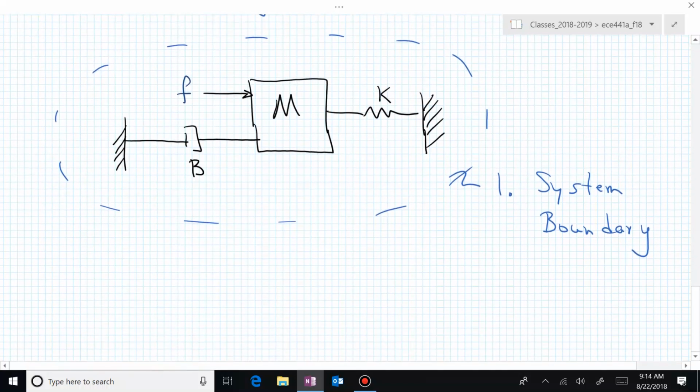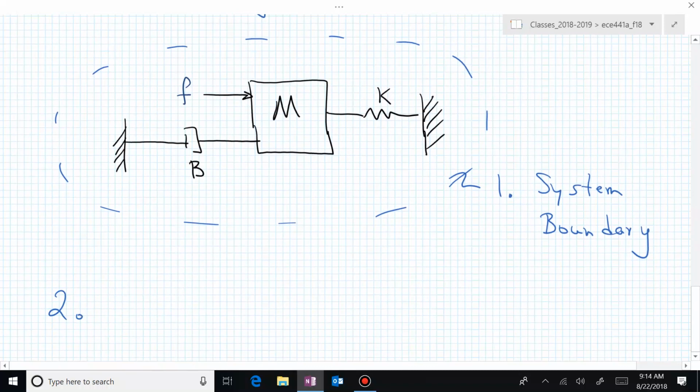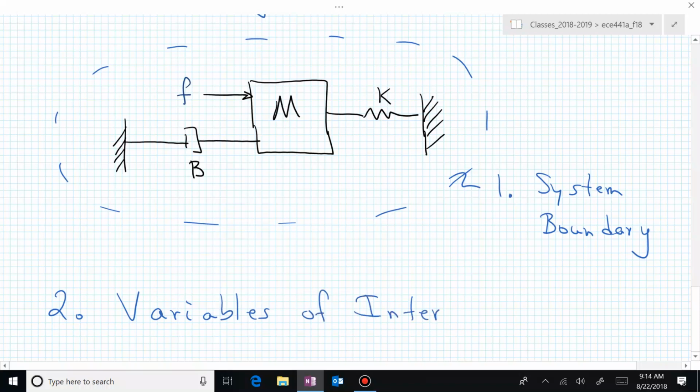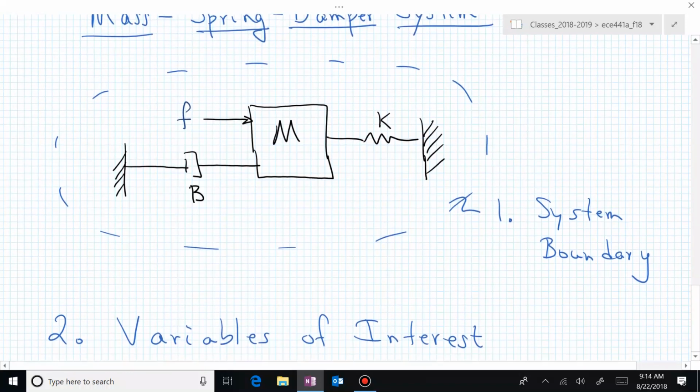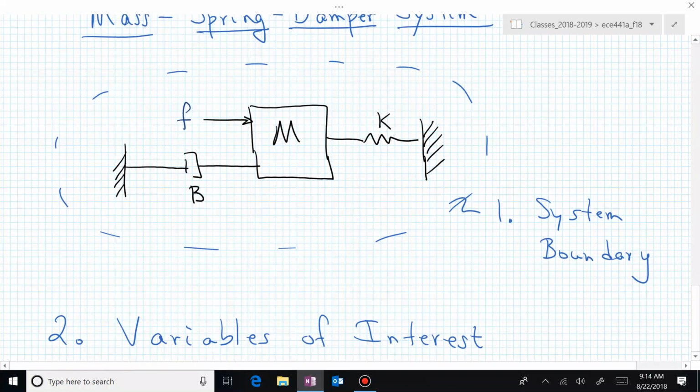Step 2 is, what are our variables of interest? And I'm giving that to you now. How do you figure out what variables are of interest in this particular system?